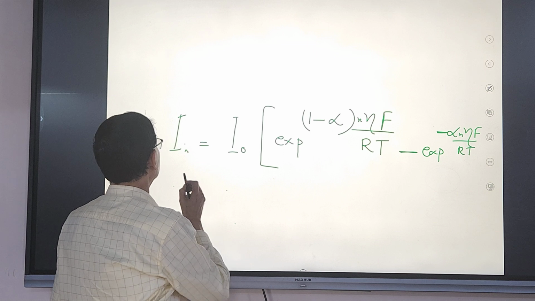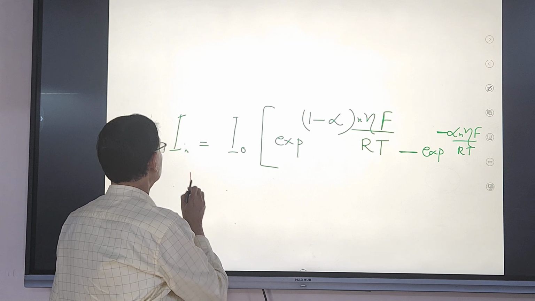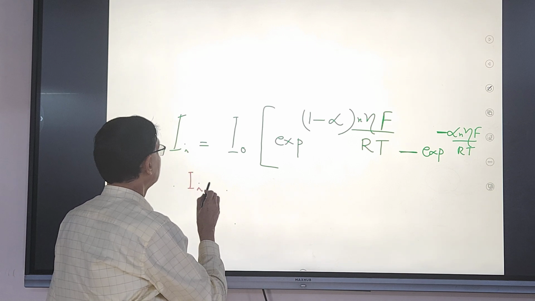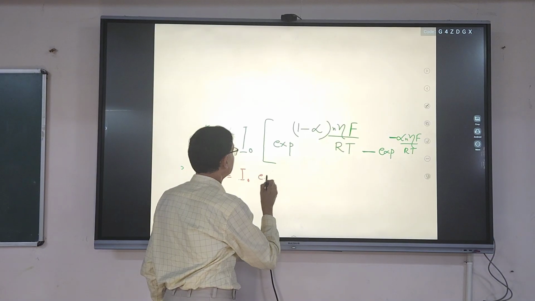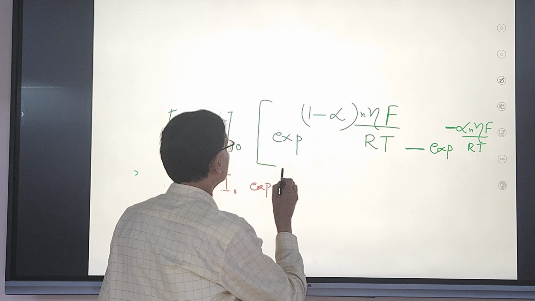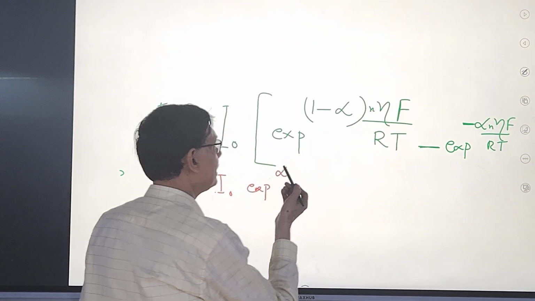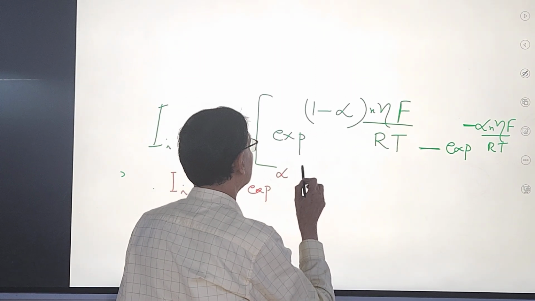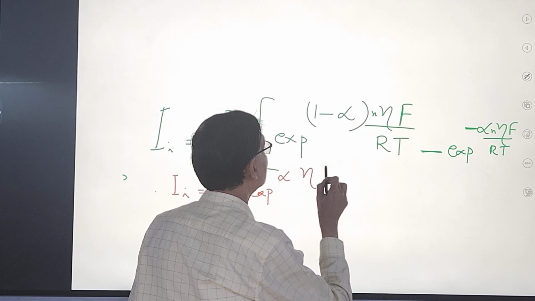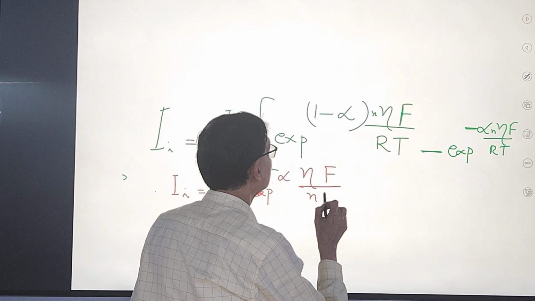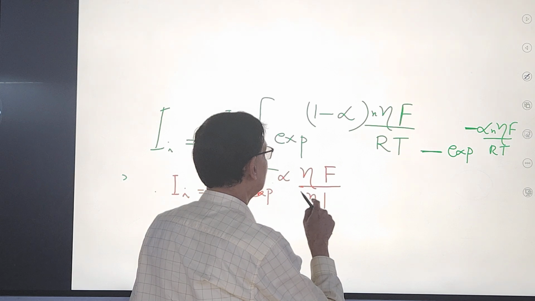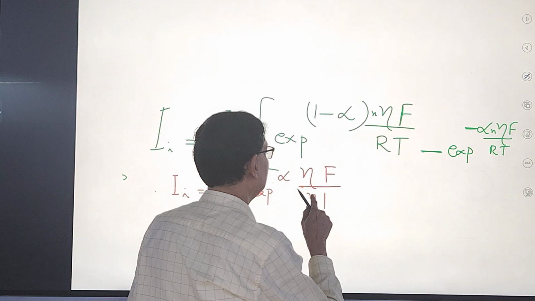If I just take alpha or 1 minus alpha, you can take. N is not required, just RT. N is not required.